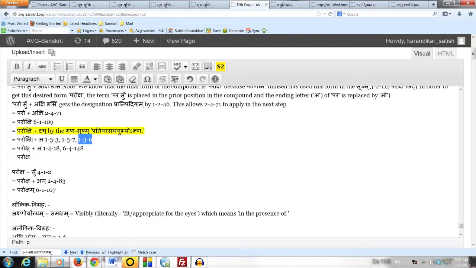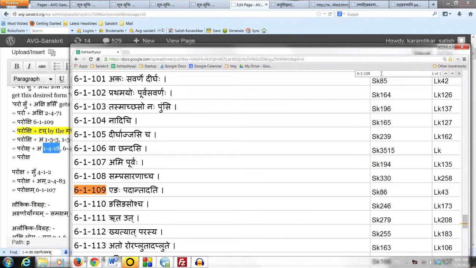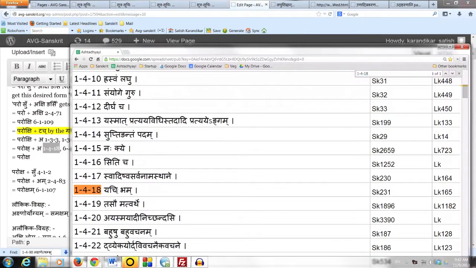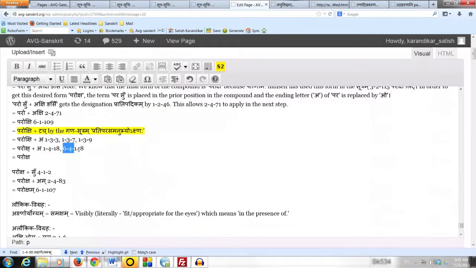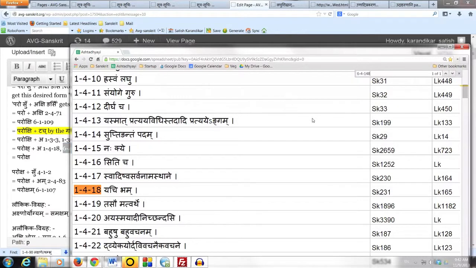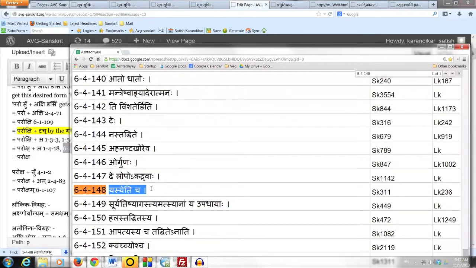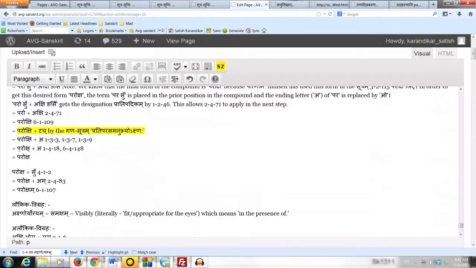Now the Angam parokshi gets the bhasanya by the sutram 1-4-18 yachibham, which allows us to apply 6-4-148 yasyeticha to elide the ending letter E of the Angam parokshi. So we now get the compound pratipadikam paroksha. And same as before, we bring in the default prathamayika vachanam affix su following paroksha, and then by 7-1-24 su is replaced by am, and finally amipurvaha 6-1-107 gives us the form paroksham.